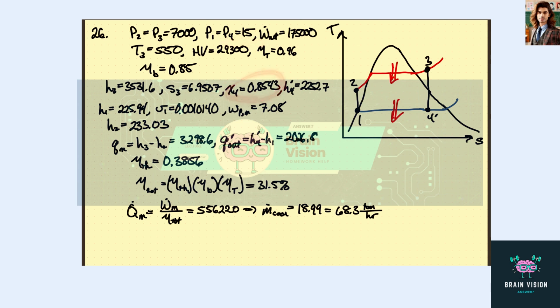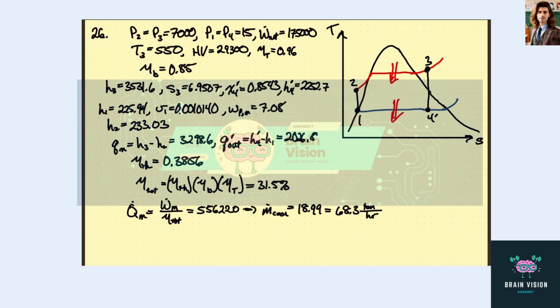So we can get the quality and the enthalpy there. We can also get the enthalpy at 1 and the specific volume at 1, because it's saturated liquid. We can get the work that goes into the pump as usual, and then the specific enthalpy at 2, which is just this plus this from an energy balance on the pump.